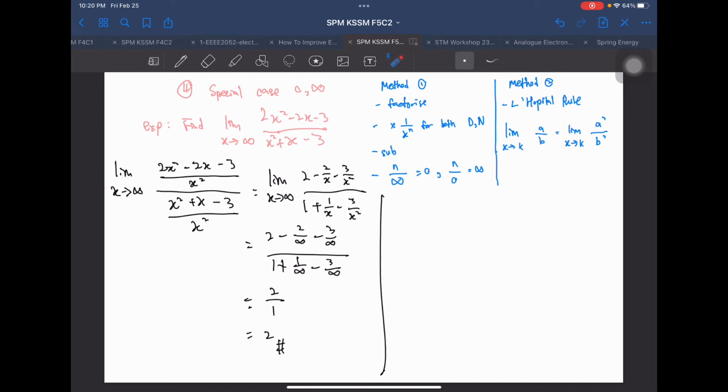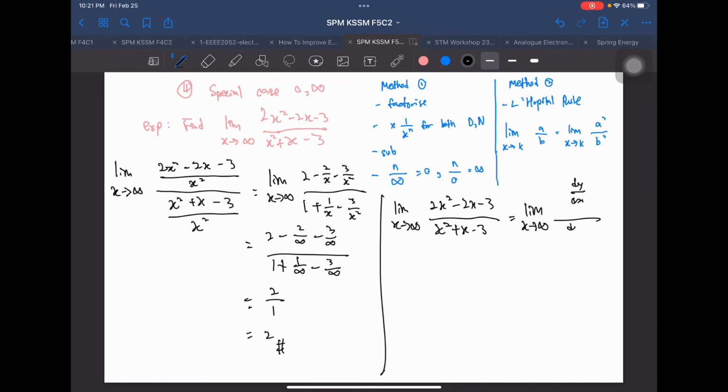It might be hard to understand this, but let's go through an example. So we use the same example. L'Hopital's rule says that this limit is the same as this limit if I differentiate dy/dx over dy/dx.